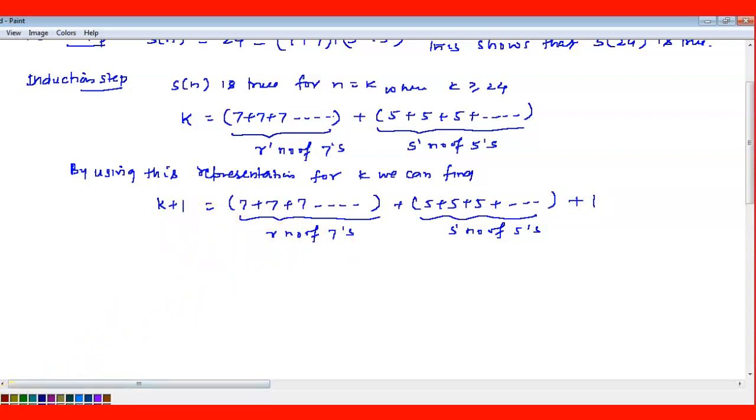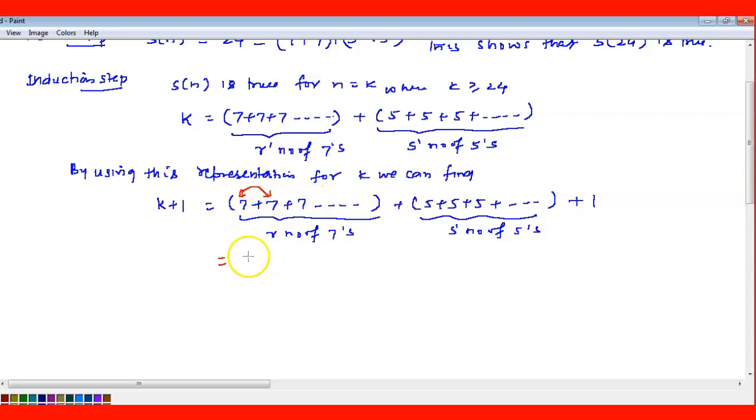Any doubt till here? So now this one we can break here. Consider this one, 2 fives I am taking. So how much will you get? 5 plus 5. We are considering here now 2 sevens will be eliminated. So eliminating 2 sevens means 14 we are eliminating, right?